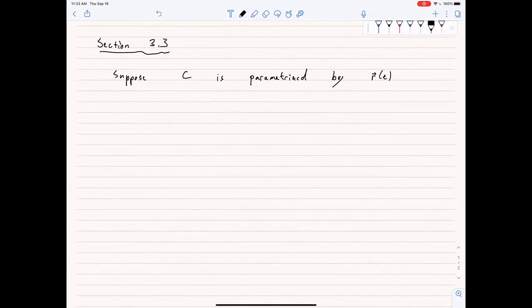And so let's say it's parametrized by this vector valued function R of t from A to B. In other words, t is in the closed interval AB.